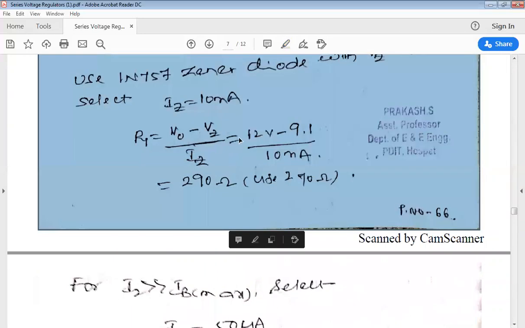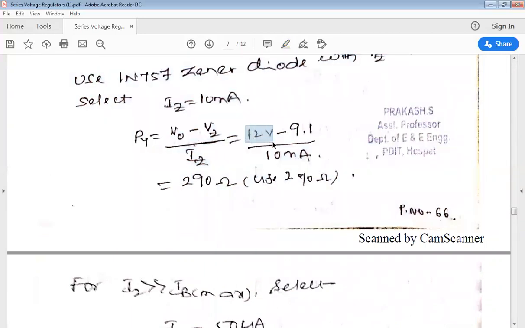Then V naught is 12 volts, Vz is 9.1 volts, divided by the assumed Iz for the Zener diode. So I am getting 290 ohms. The standard resistance is 270 ohms.